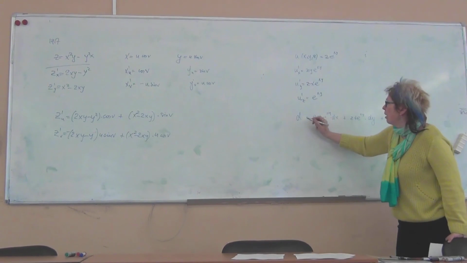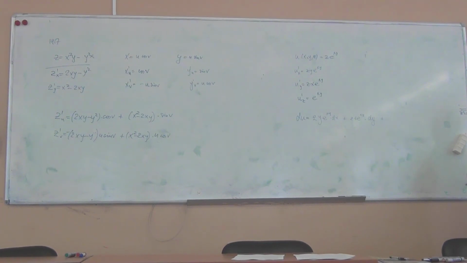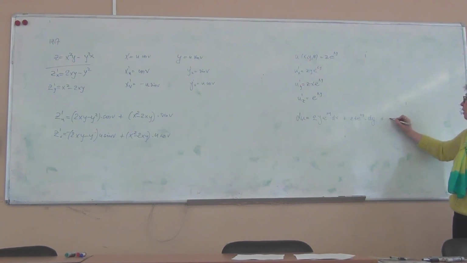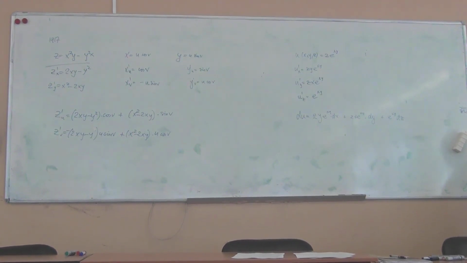Oh, I'm sorry, I was going off on a tangent. The function is u. And the independent variables, in this case 3 of them, are x, y, z, and e to the power xy times dz, finally. So the exact differential can be written in exactly the same way for 2-variable functions, 3-variable functions, 4-variable functions, 5-variable functions, and so on and so on.